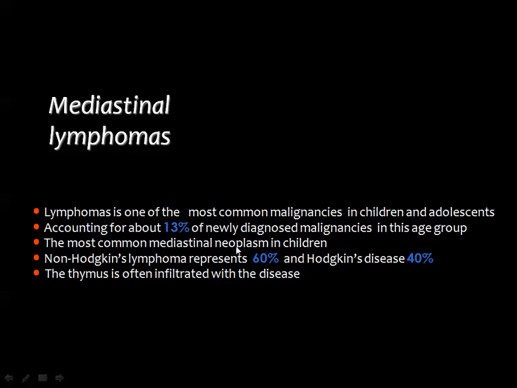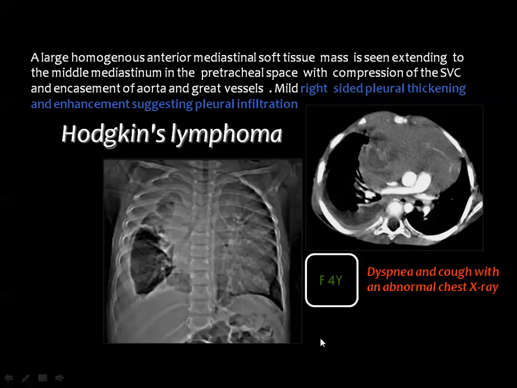Non-Hodgkin lymphoma represents about 60%, while Hodgkin disease represents about 40%, and the thymus may be prone to be infiltrated by lymphoma. So whenever we are discussing thymic masses, we may consider the possibility of primary thymic tumors and also the possibility of thymic lymphoma.